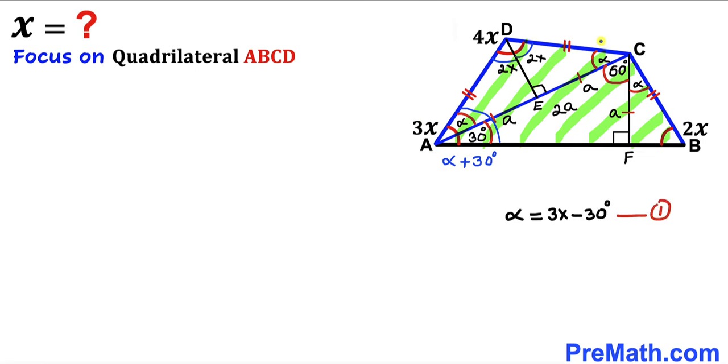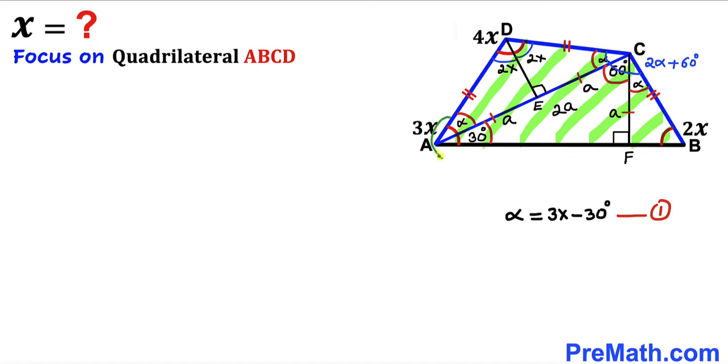Now let's focus on this whole angle. This angle is going to be alpha plus 60 degrees plus alpha. So this whole angle is going to be 2 alpha plus 60 degrees. Now let's focus once again on this quadrilateral ABCD.